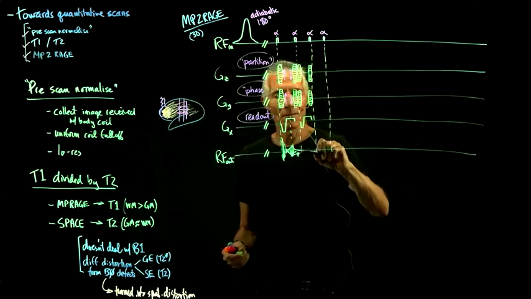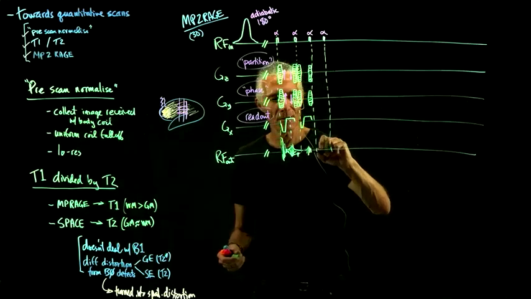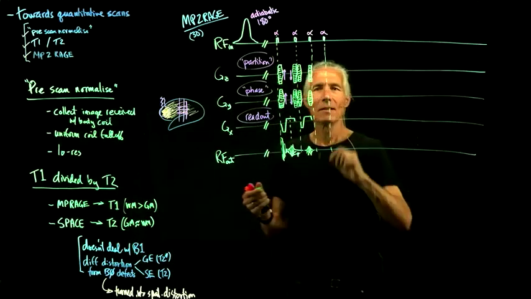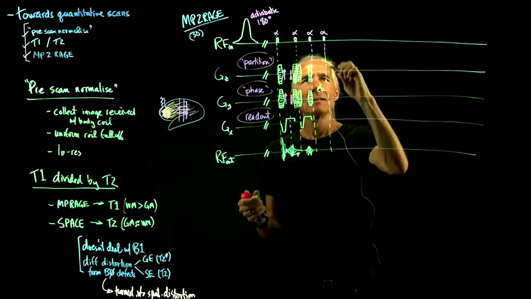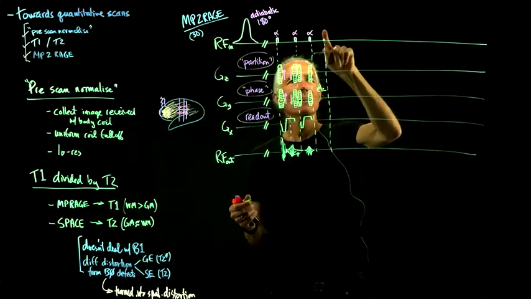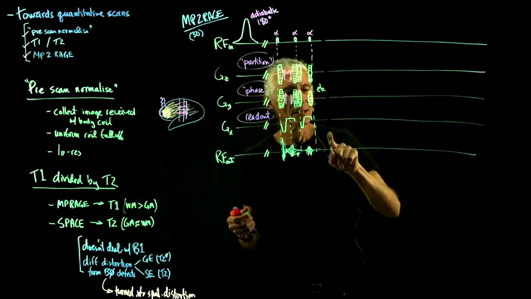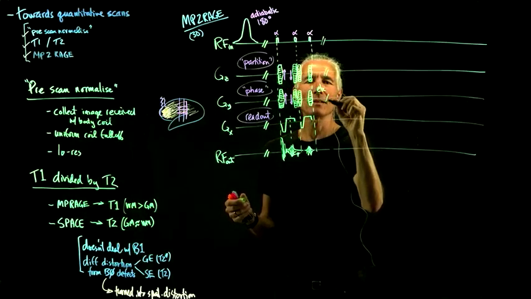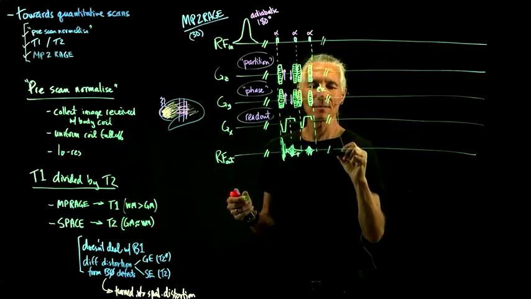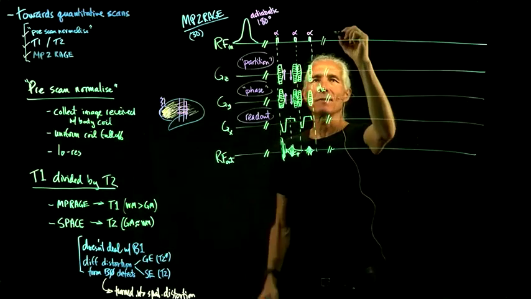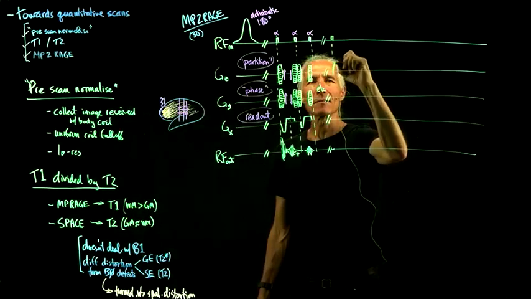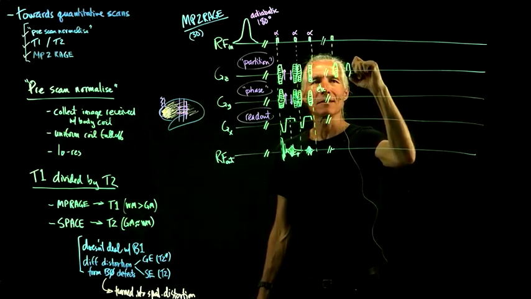Get another echo because we need lots of echoes, etc. And then we wait until we get to the center of k-space. So there's going to be a couple hundred of these, and then eventually we get to the center of k-space. So here's the center of k-space, and so that'll be again one of these, and another one here, getting sloppier.